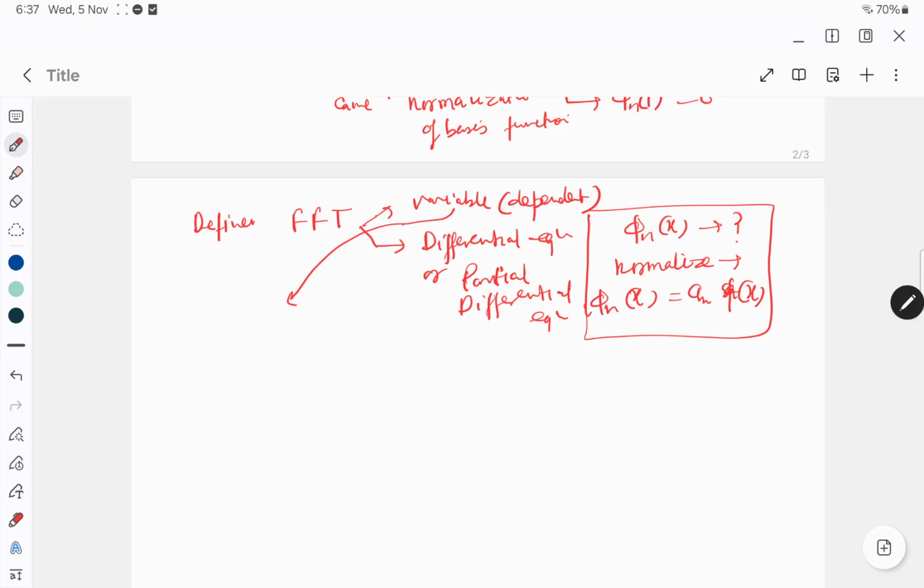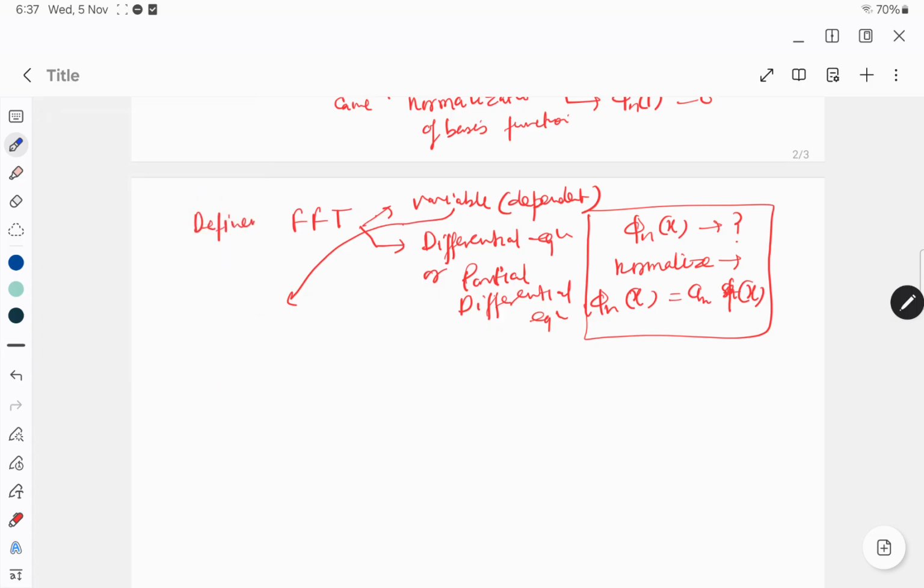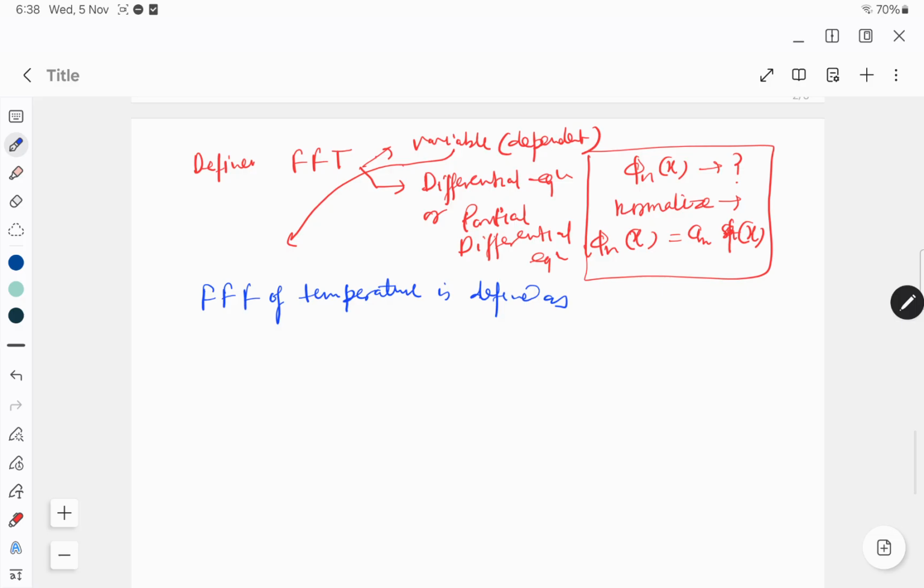So this FFT is defined in the following way. The FFT of temperature, let's say temperature is the dependent variable here, is defined as follows: suppose we have this theta and we have the basis function phi n.